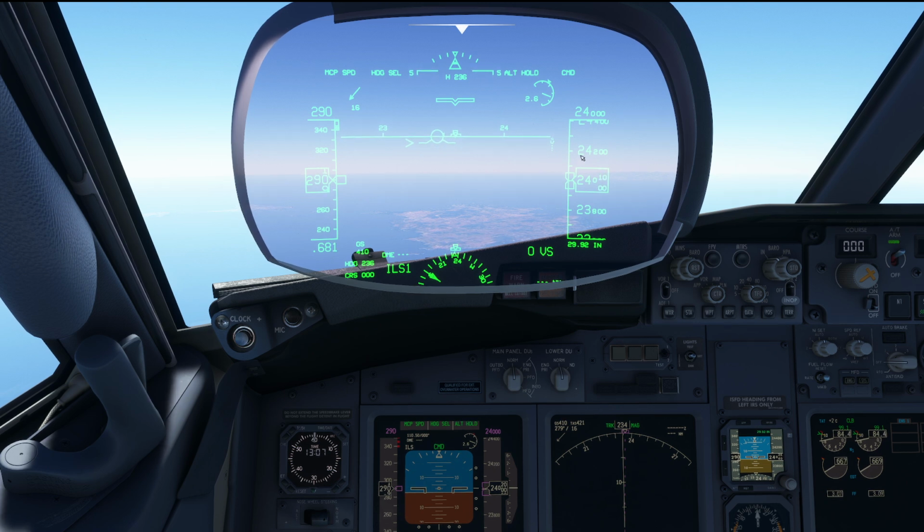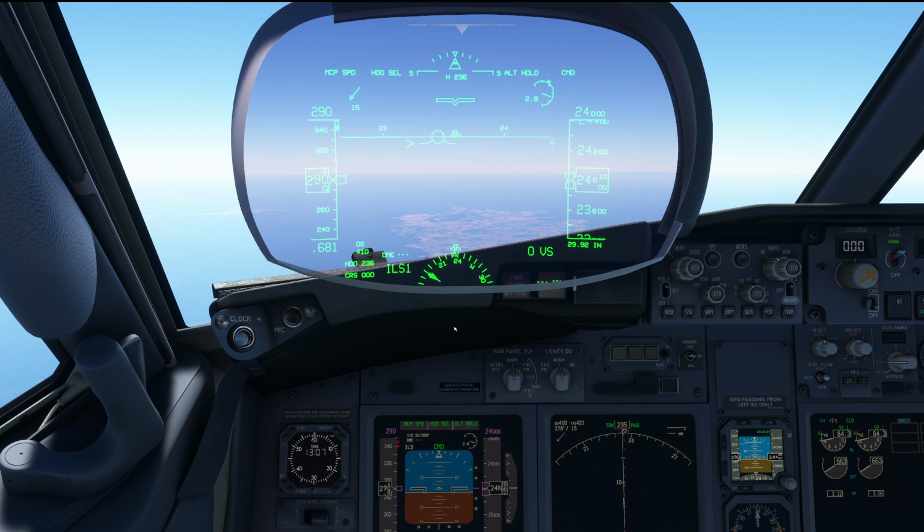So right now we're at 24,000 feet, as you can see on both the altimeter as well as the heads-up display, and this means we're 24,000 feet above the Earth. Or for those of you who prefer it in meters, 7,300 meters above the Earth.